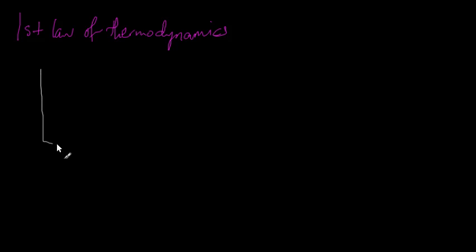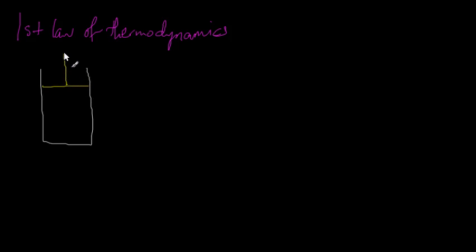Okay. The first law of thermodynamics. Let's see what this is about. Now, as an example, I'll go back to my picture of a gas in a box that is open at one end, but with a wall that can move up and down, a wall or a piston.